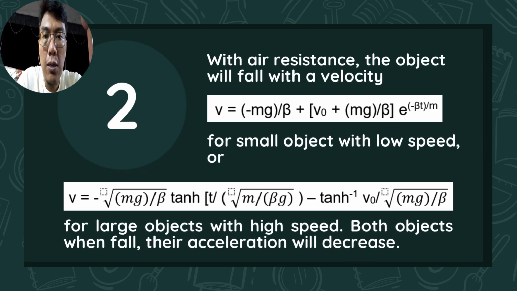On the other hand, for a falling object with air resistance, the object will fall with a velocity as the following: for a small object with low speed, or as the following for a large object with high speed. For both objects, when they fall, their acceleration will decrease.